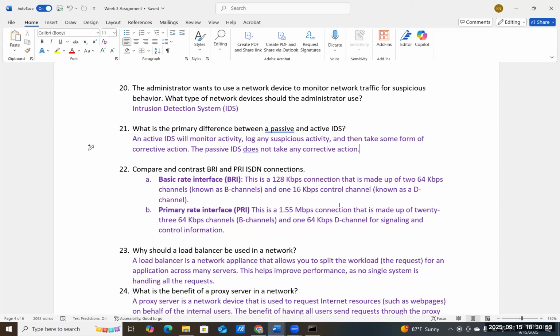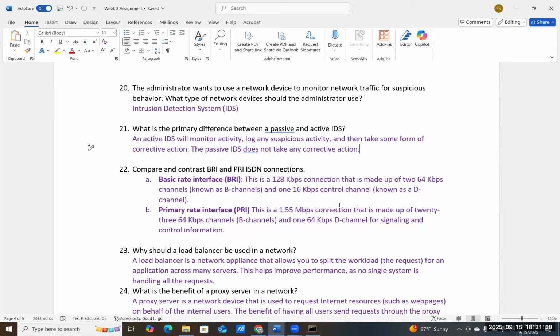It's made up of two channels, a double channel of 64. So if you take 64 kilobit per second and multiply that by 2, you get 128. When you configure, you're going to have to configure 2 B channels and 1 D, as in David, channel. And the D channel is mostly for control of the other 2.